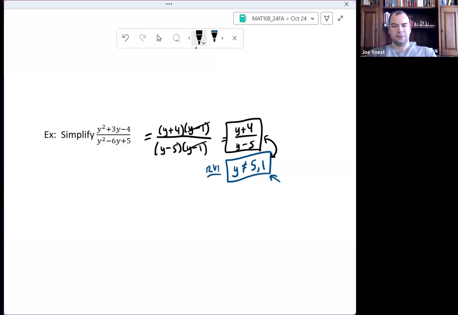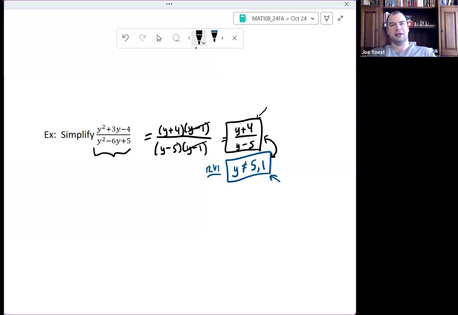We see that there's still the implied domain restriction, y not equal 5. We still see that y minus 5 in the denominator. But because we divided out the y minus 1, we don't see an implication of y not equals 1 in this more simplified version. But that is a domain restriction from the original rational expression.